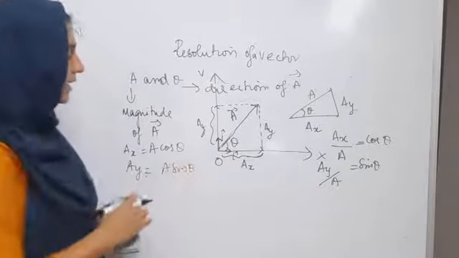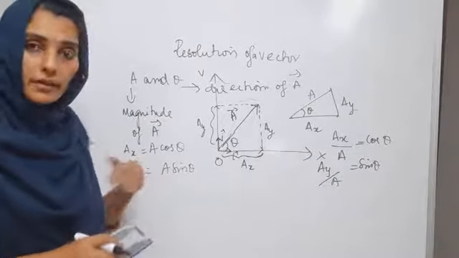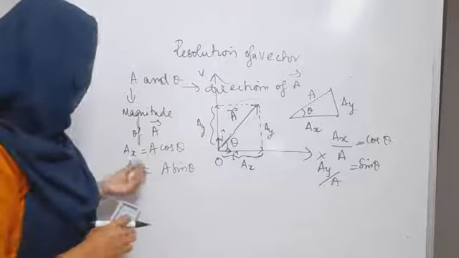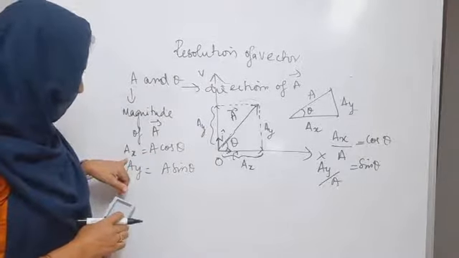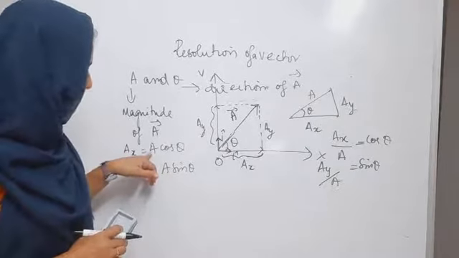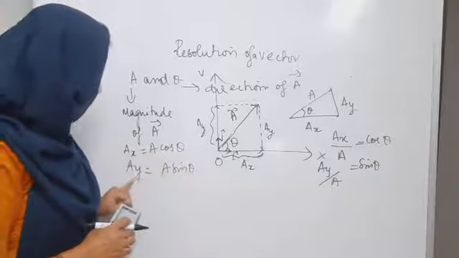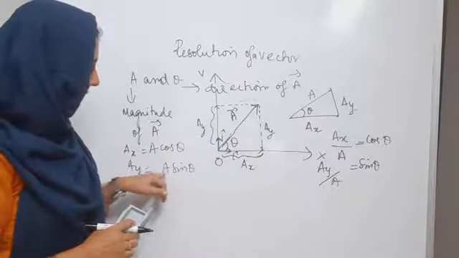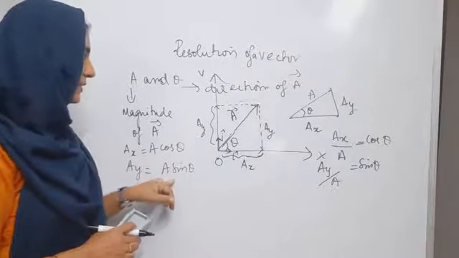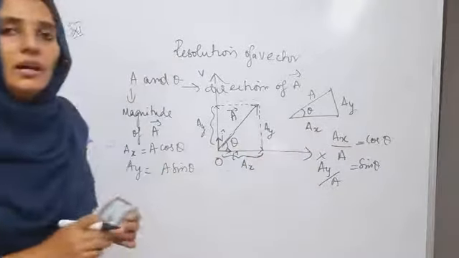So easily you can identify ax, which is the parallel component, which I told you just a few moments earlier. The parallel component is obtained by multiplying the magnitude of the vector with cos theta, and the perpendicular component is obtained by multiplying the magnitude of the vector with sin theta. It is from the geometry of this figure.